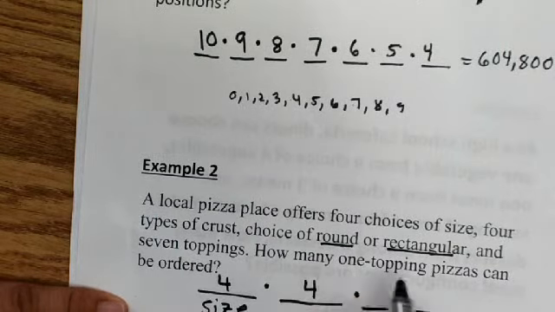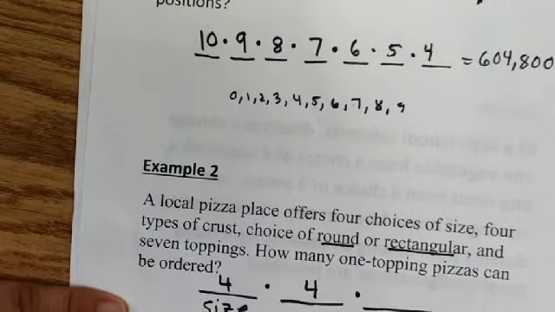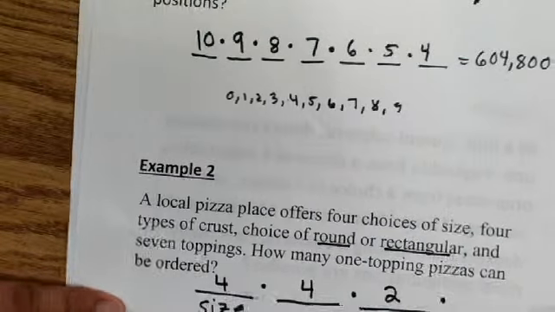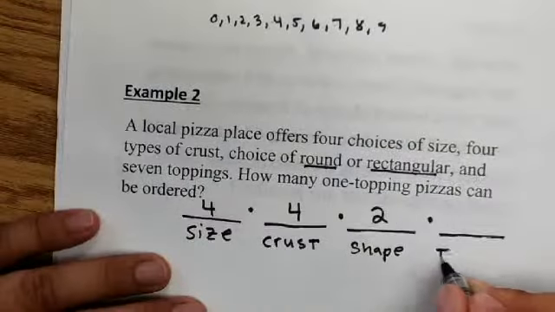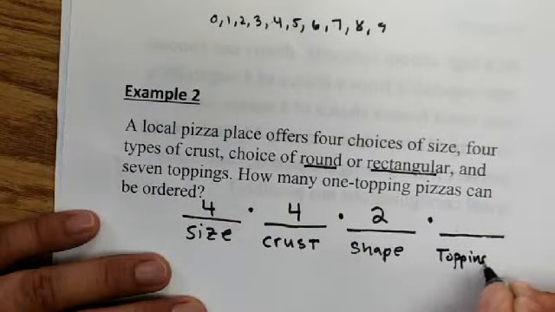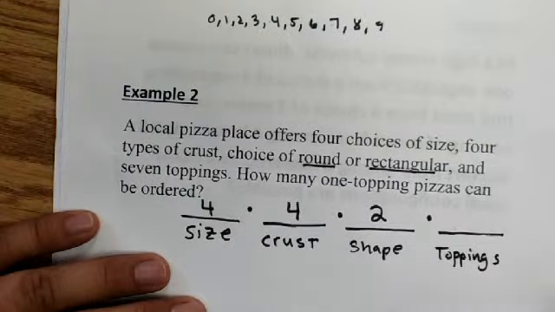And then the shape is either round or rectangular. How many choices do you have there? 2 shape choices, right? And then toppings. How many toppings do you have to choose from?